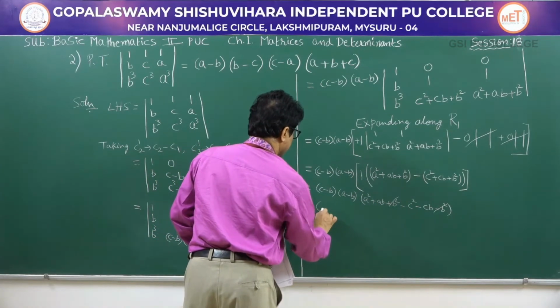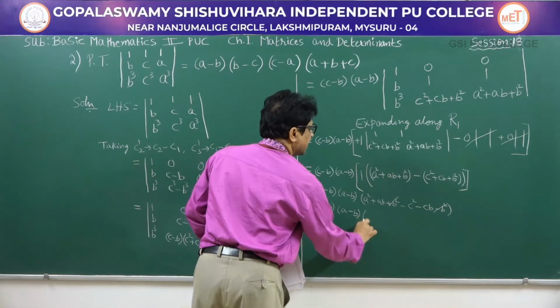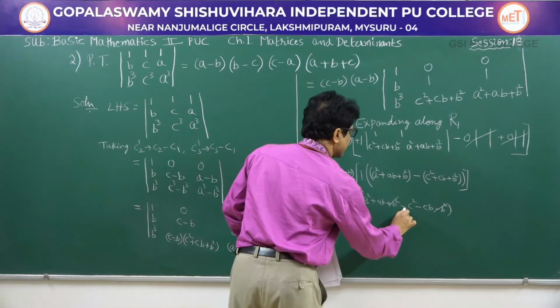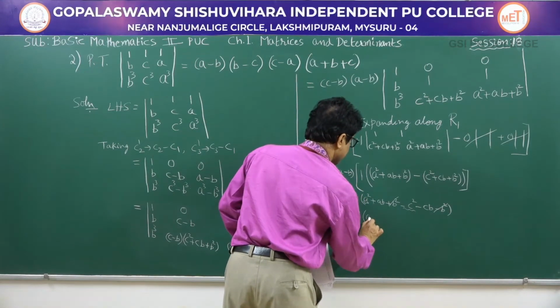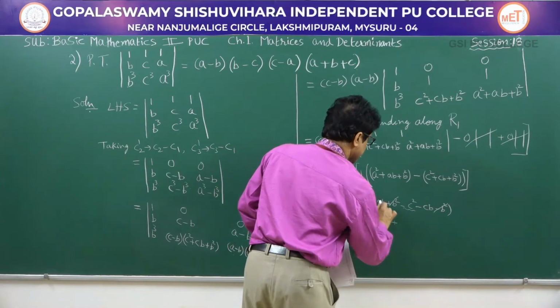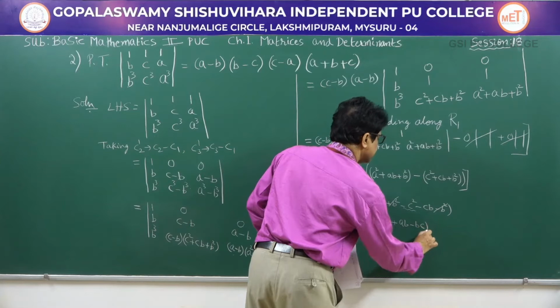So this will be equal to c minus b into a minus b into, here we group the terms a square minus c square, we write first. Next we will write plus ab minus bc.